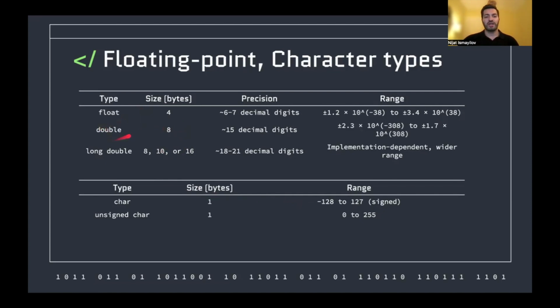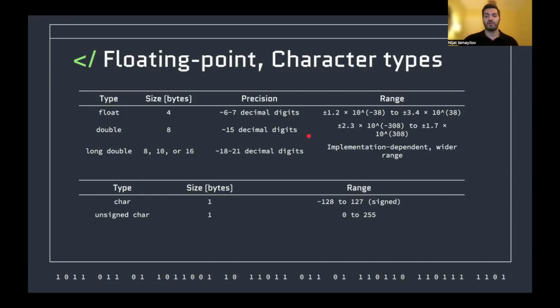So float has 3 types, again 4, 8 bytes and more. And this is the range of values they can hold. There are pretty large numbers with a lot of decimal digits. And there's a new notion here, precision. Now, precision is important because you might think that if you just save, let's say, pi, 3.14 and 20 more digits, you would think that the computer can save it with 100% precision, but that's not correct.